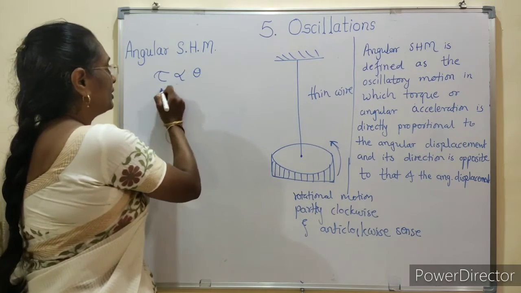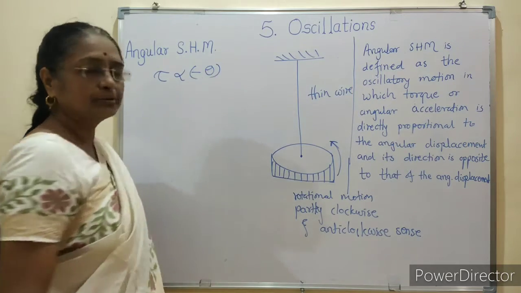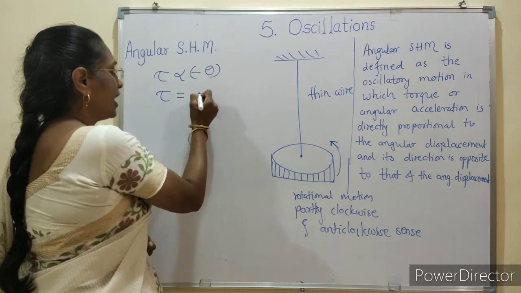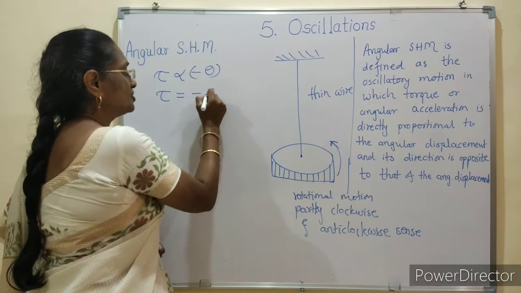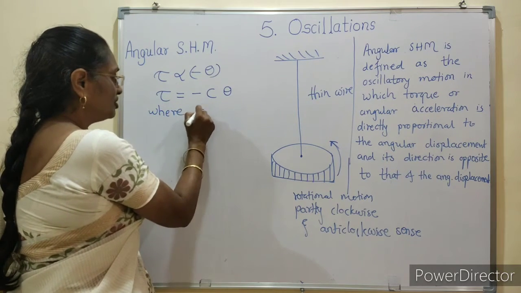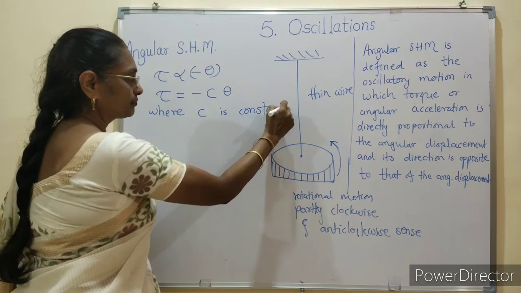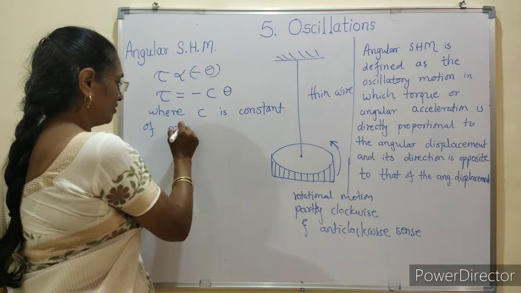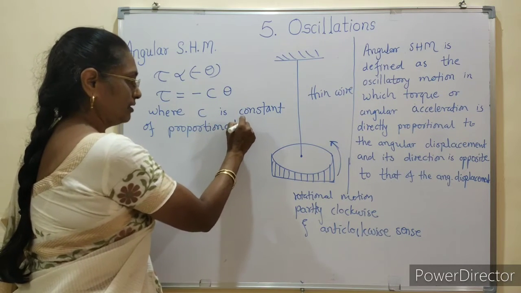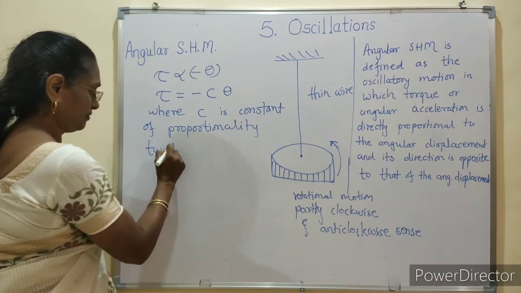Combining these two, we can write tau is equal to minus c theta, where c is the constant of proportionality. It is also called the twist constant.